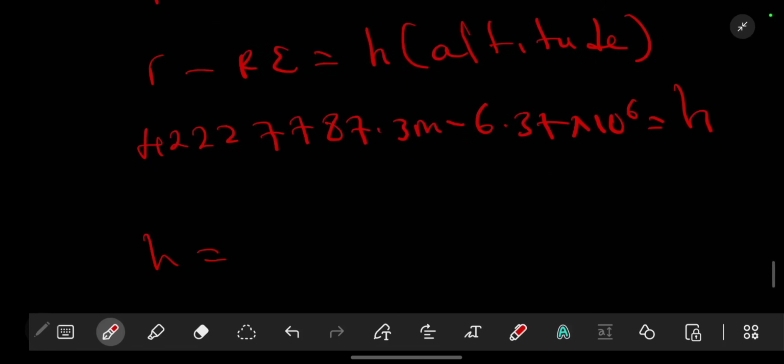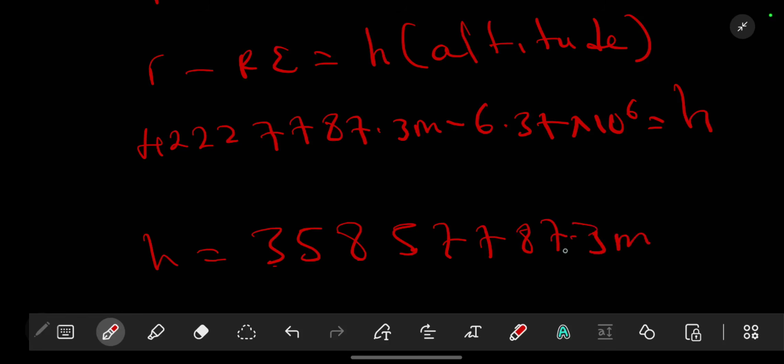So when we subtract this minus our open bracket 6.37 times 10 to the power of 6, this gives us a value of 358,5787.3 meters. So this is our value, like that.